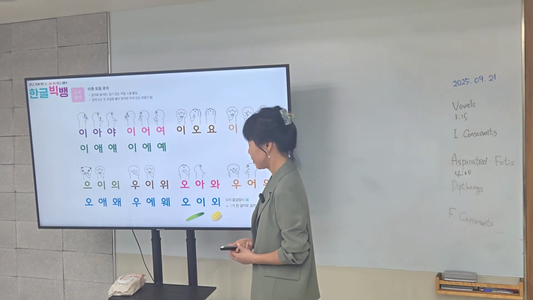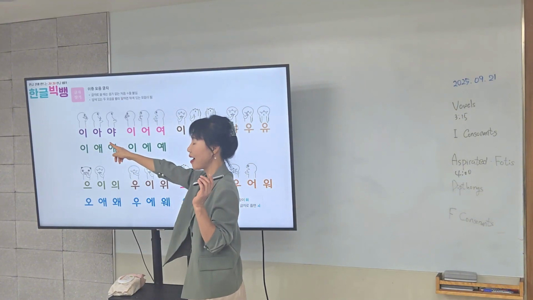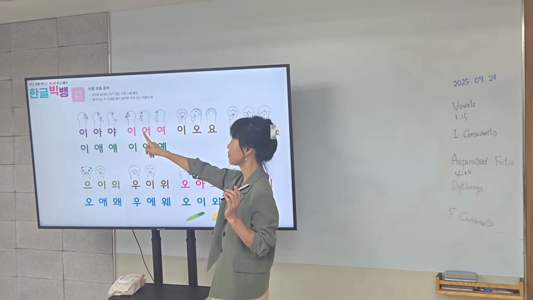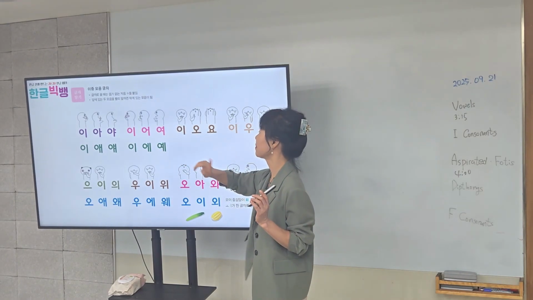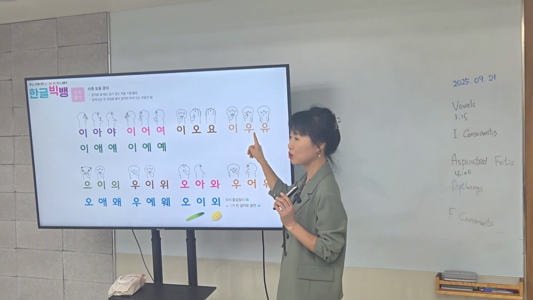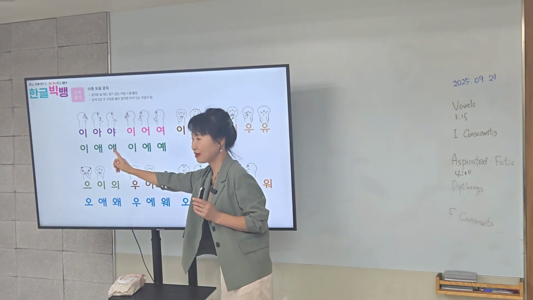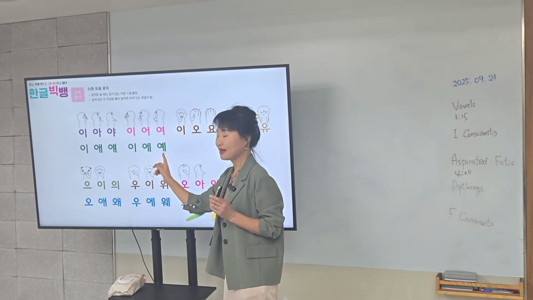Good job. So with empty consonant, 이, 아, 이, 어, 여, 이, 오, 요, good. 이, 우, 유, Okay. 이, 에, 예. Good job.